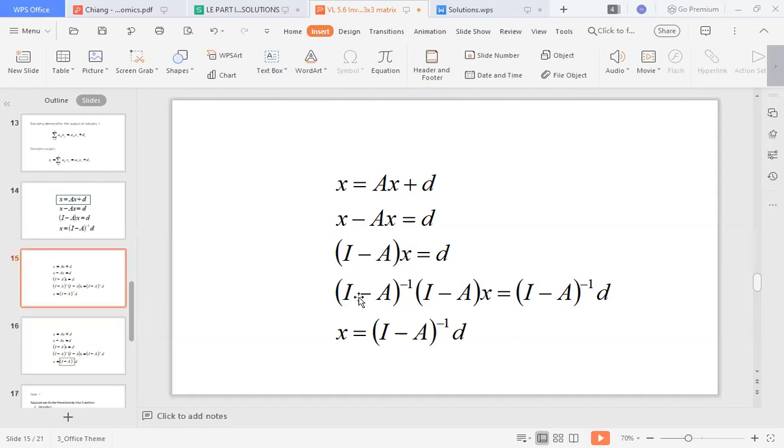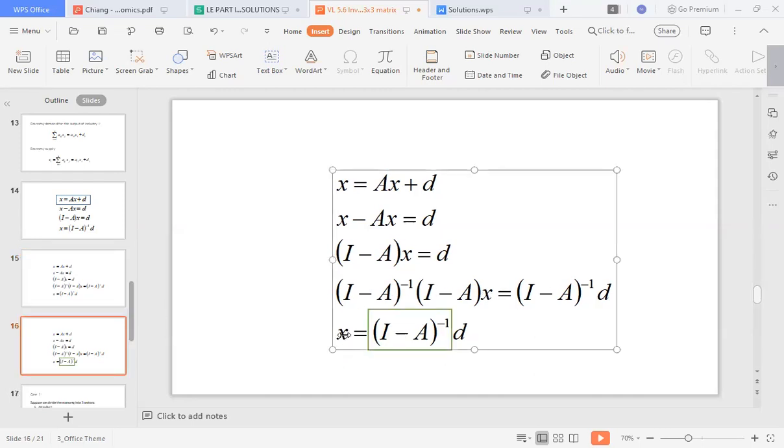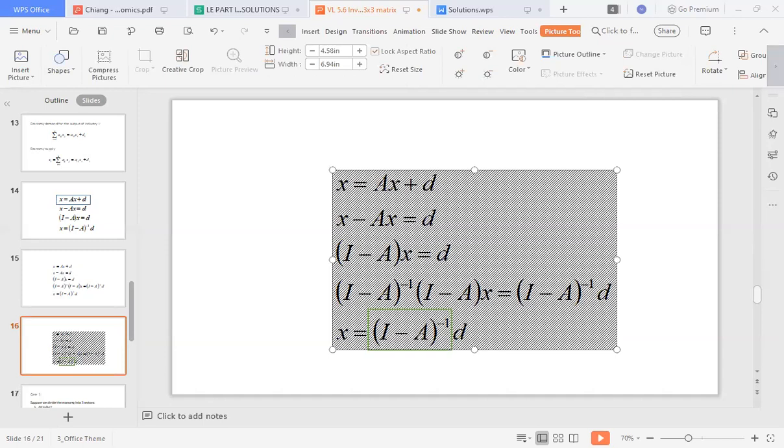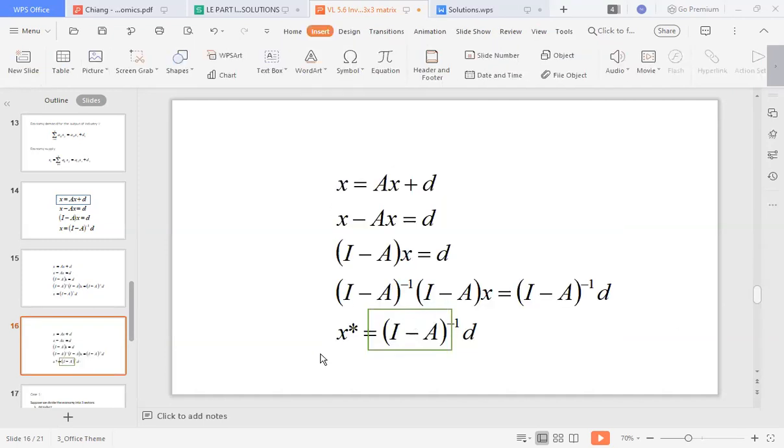So therefore, class, simplifying here would give us, let me rewrite this as x values or x star, x star is equal to I minus A raised to the power of -1 multiplied by d. This is what we now call our IO inverse or the Leontief inverse.